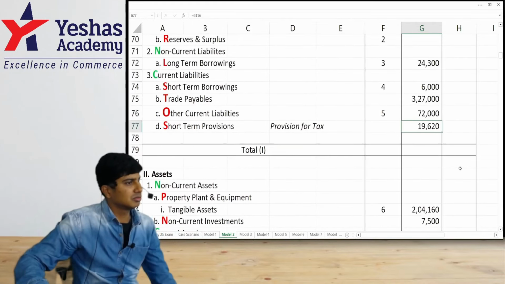Last thing. How much is the profit for the year? 29,430. This will go to reserves and surplus. We had written opening. We were waiting to write current year profit. Right? Add 29,430 minus 27,000 interim dividend paid. This is interim dividend paid from the profit.